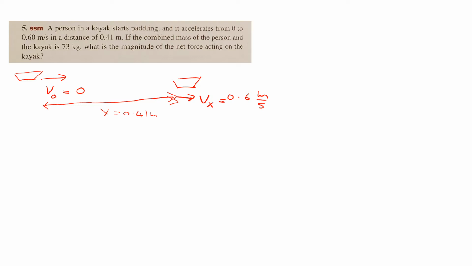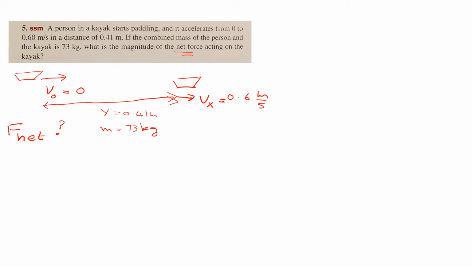The mass of the person and the kayak is 73 kilograms. The question is, what is the net force acting on the kayak? So net force, F net, that is the question.